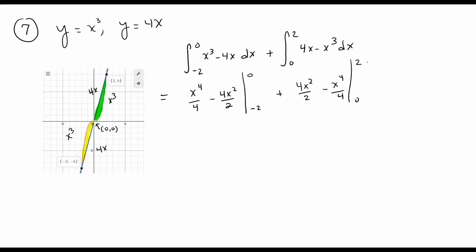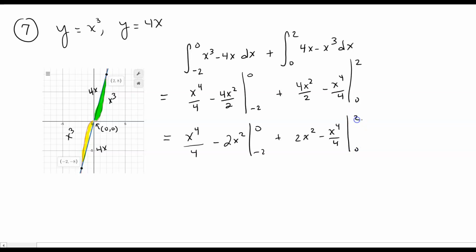All right, but we're going to go ahead and clean this up one more time, reducing the fractions here. We get x to the fourth over 4 minus 2x squared, again evaluated negative 2 to 0, plus 2x squared minus x to the fourth over 4, evaluated from 0 to 2.